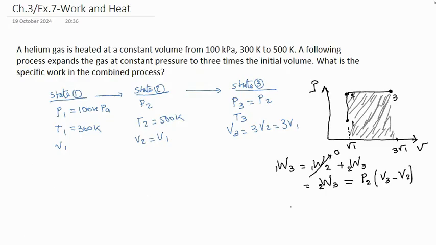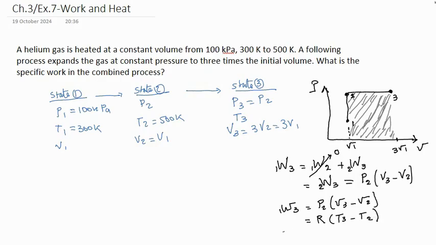But because we are dealing with a specific work, we can express this in small letters as pressure times specific volume 3 minus specific volume 2. Remember, since helium can be considered as an ideal gas, we can write this as the helium constant R times temperature 3 minus temperature in state 2.